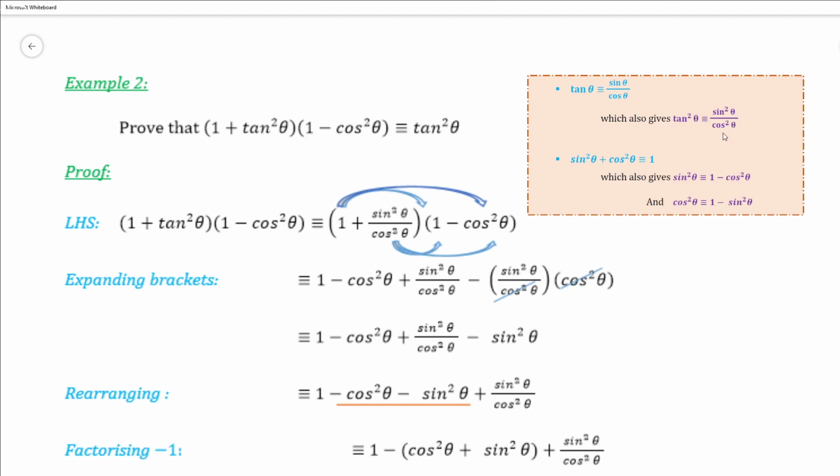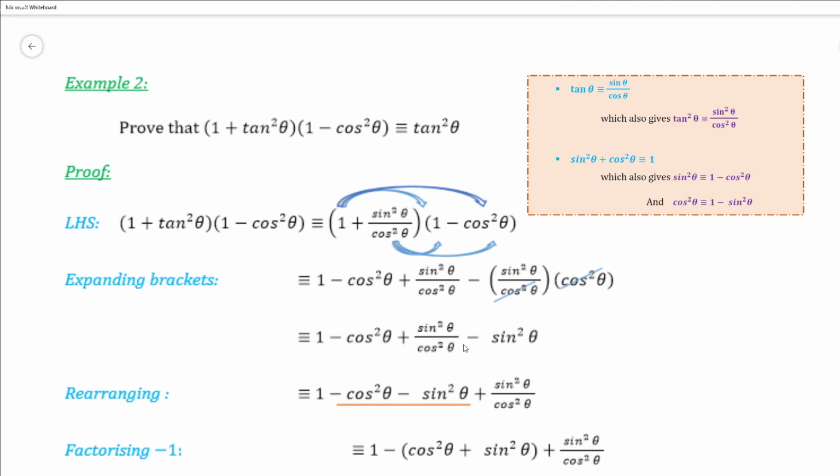And looking at our fundamental identities, we have tan² θ equals sin² over cos². So once we get this part of it, this is equal to tan² θ. So I'm rearranging because this part of it is what we want, but somehow I need to simplify the other terms to get that tan² θ.